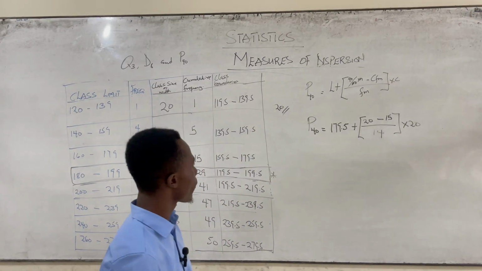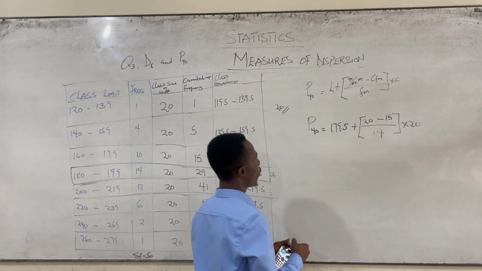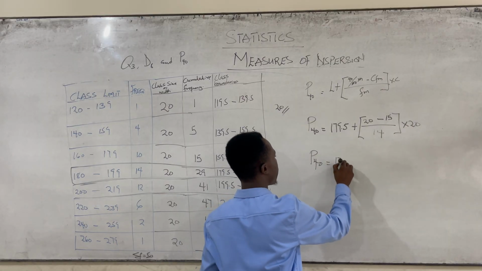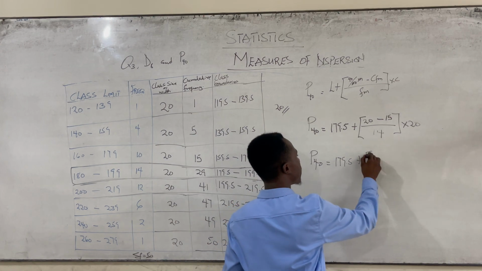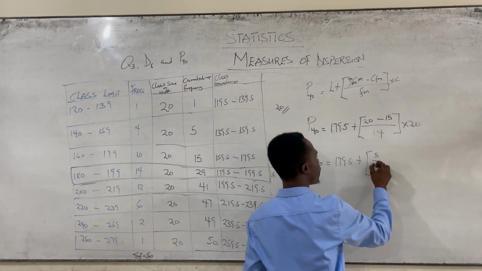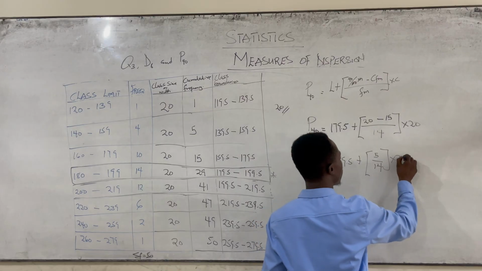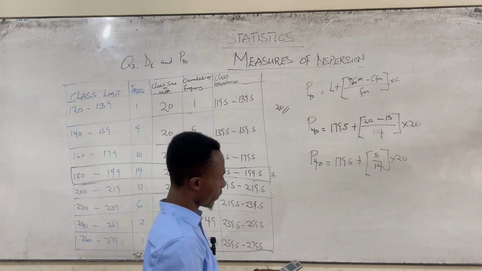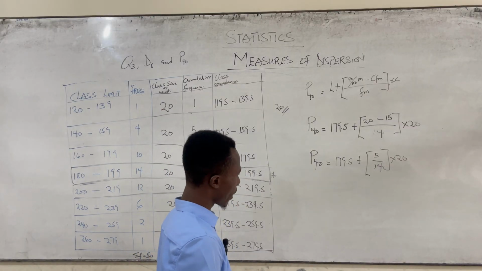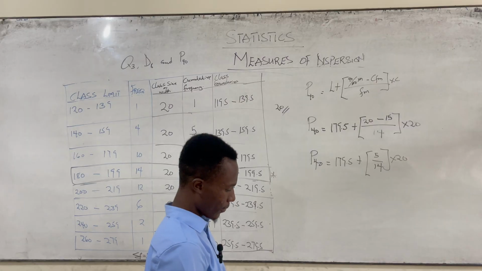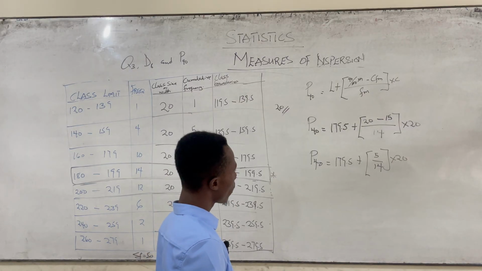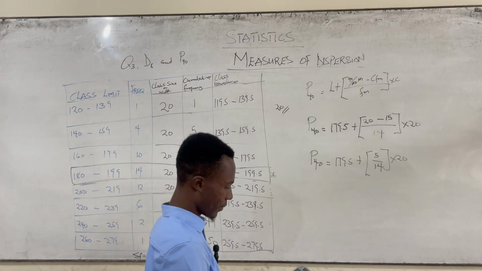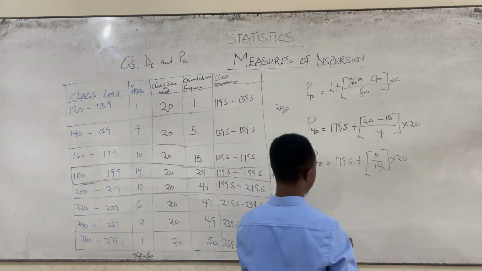Okay, so now let's put everything on the calculator. P40 equals 179.5 plus 5 over 14 multiplied by 20, right? Now you see, 179.5 plus 5 over 14 times 20 will give us 186.64.